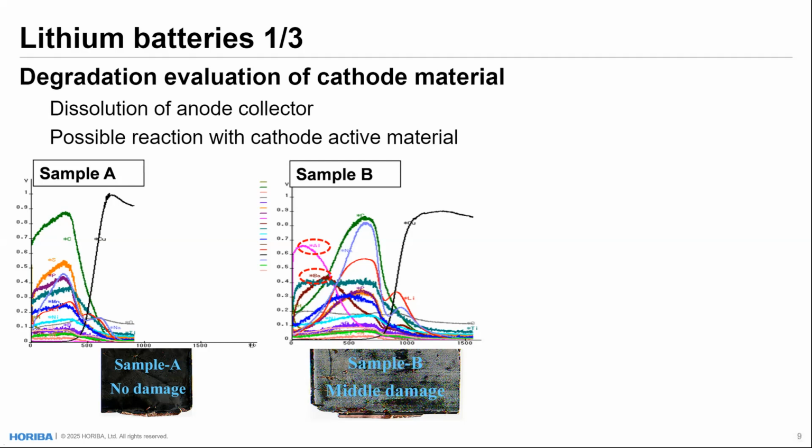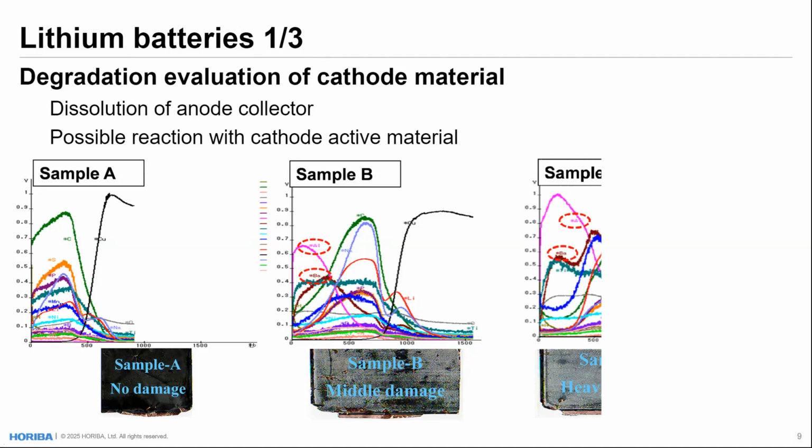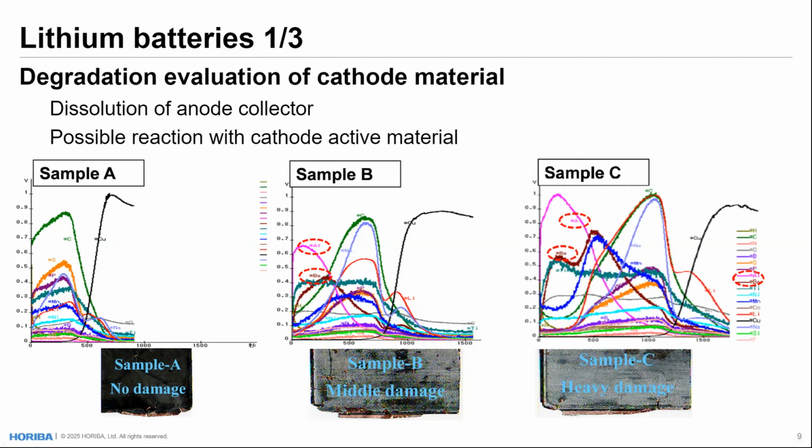In the beginning, at the surface, you can see some aluminum and barium, which happened after the damage. And after that, you can see a fully damaged cathode, which has more aluminum and barium at the beginning, at the surface.